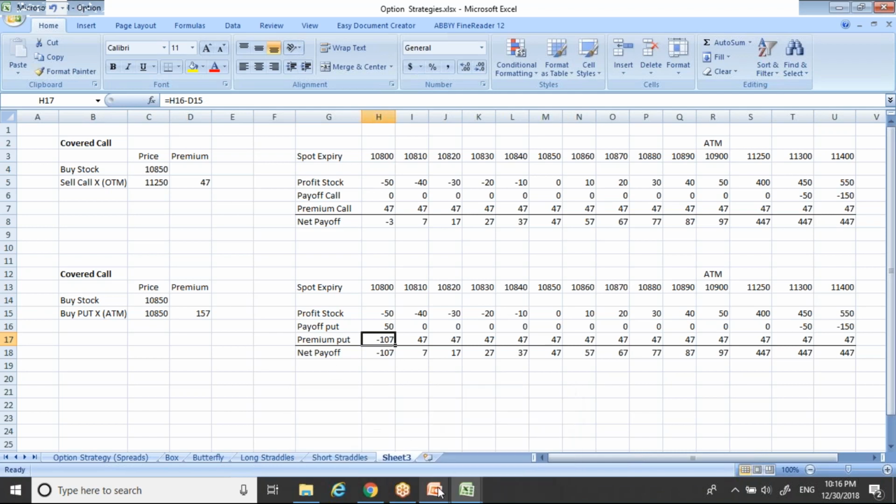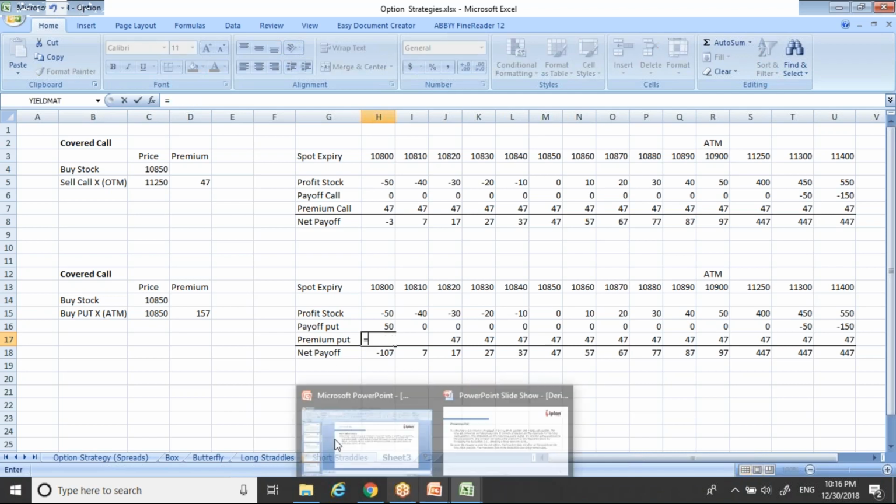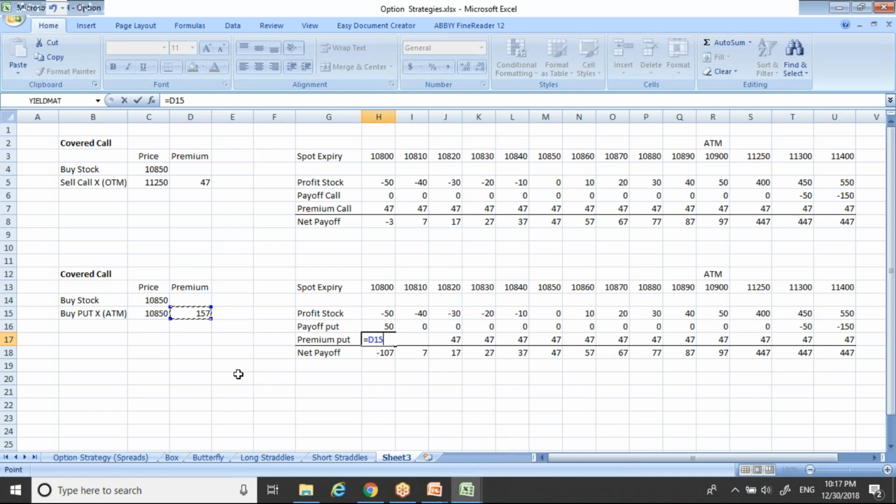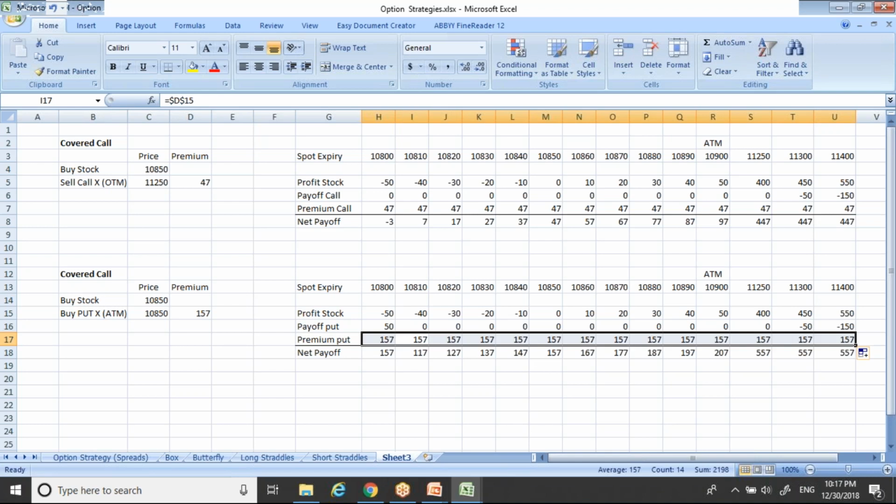Right, so the premium for the put is like 157. That is what you have paid.